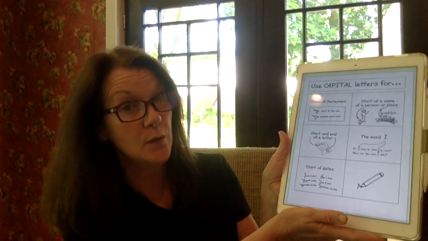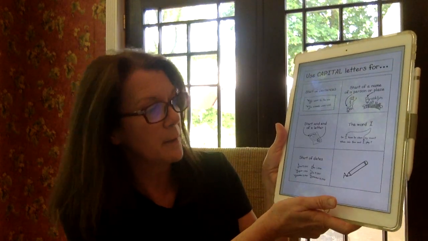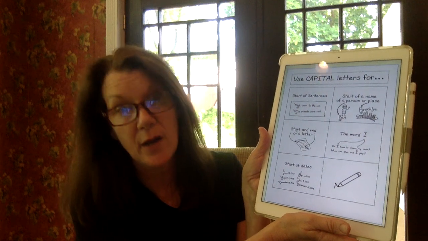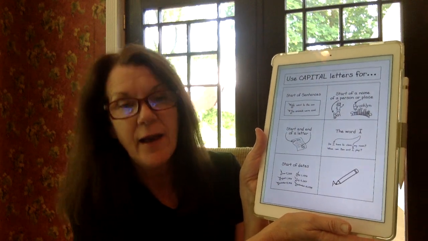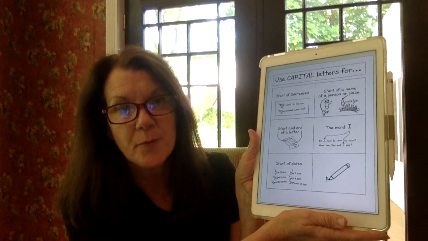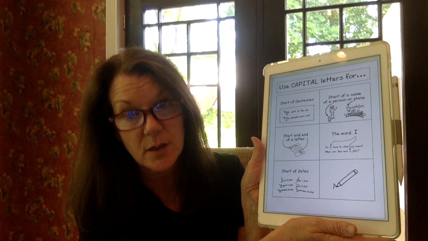That one says June 17th, and June is uppercase. It's also the name of a month, so it would be uppercase. This box where you see the pencil and the uppercase A is to tell you to practice your letter formation. I have a link below that's also like what we had in school of the letter formations of capital letters.